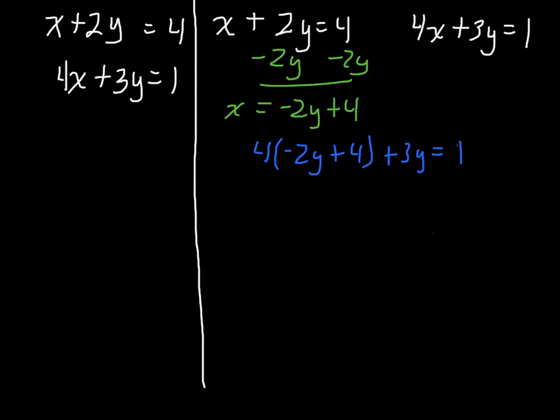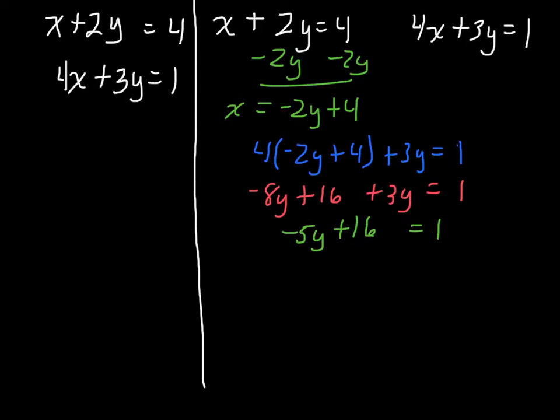So then, once again, we use parentheses, so we're going to use our distributive property. So I get -8y plus 16 plus 3y is equal to 1. And then I'm going to combine like terms. So I get -5y plus 16 is equal to 1.